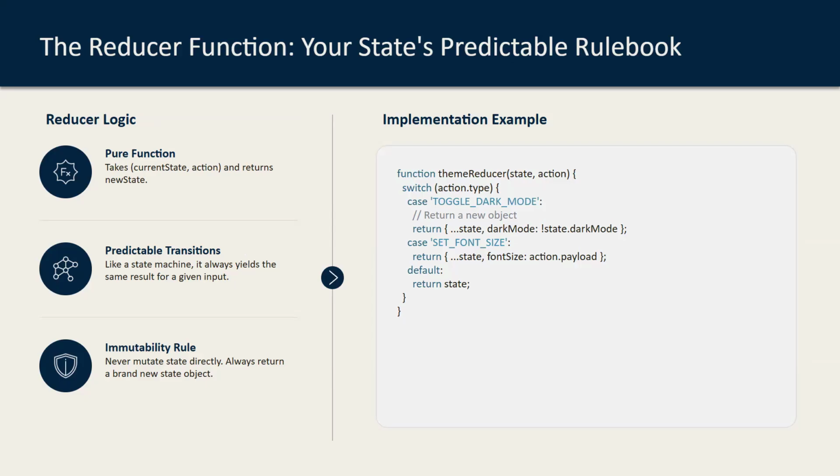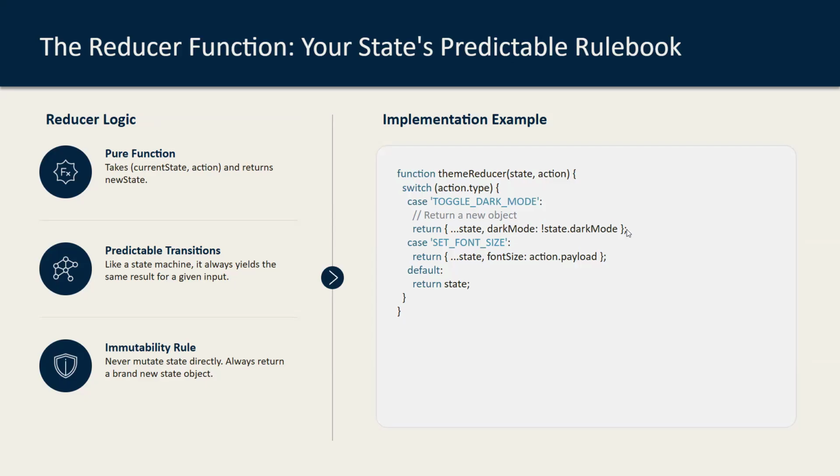And then on the right side, we can see a simple example of a reducer function that could be used to toggle between dark mode and light mode, and the actions could also be used to set the font size. So it returns a new state object with the updated font size from the payload.